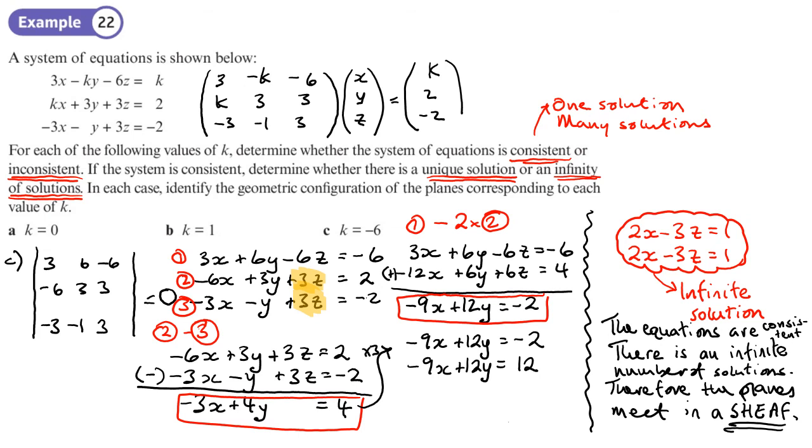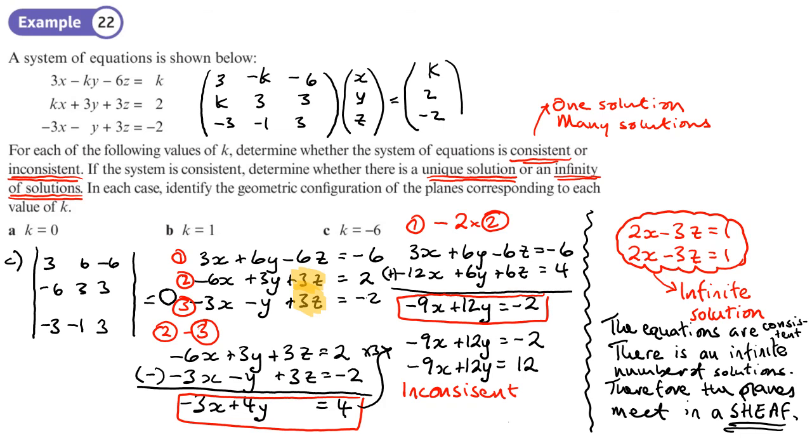Our answer is only going to ever be a point, a sheaf, or a prism. So here, in this case, because there's no solutions, because of what's going on here, we say it's inconsistent, because there isn't a solution for all three.